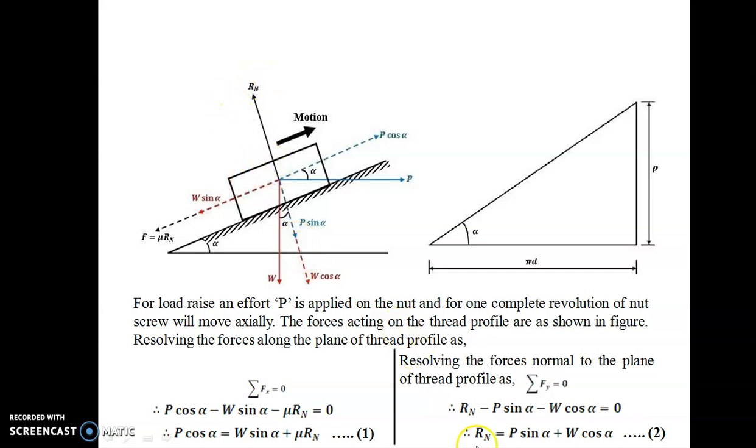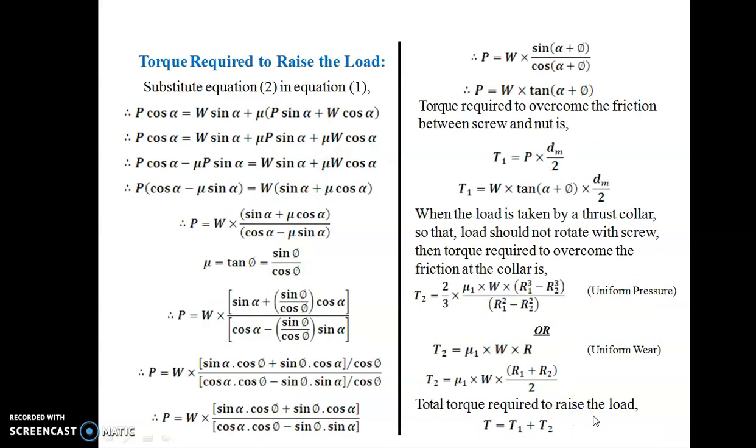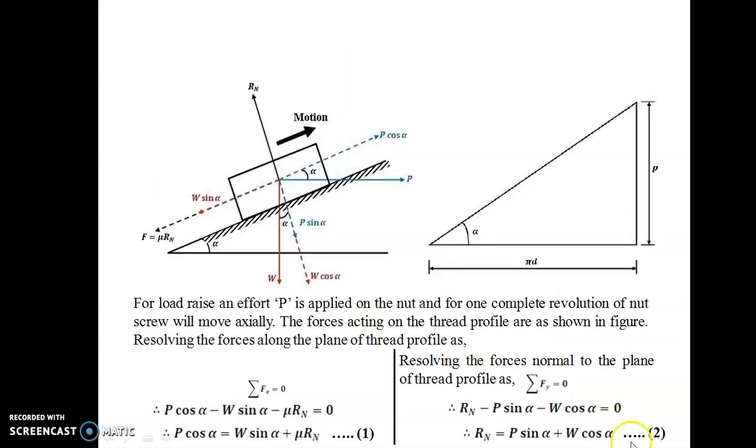Rn minus P sin alpha minus W cos alpha is equal to 0, and so Rn is equal to P sin alpha plus W cos alpha.